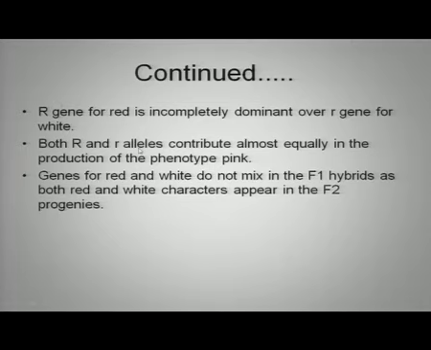In the pink progenies, we can see the capital R gene for red is incompletely dominant over the small r gene for white. Both capital R and small r alleles contribute almost equally in the production of the pink phenotype.